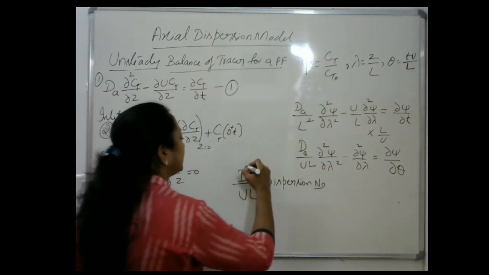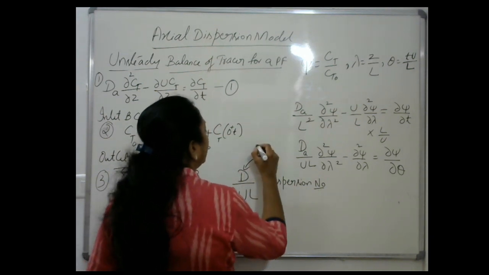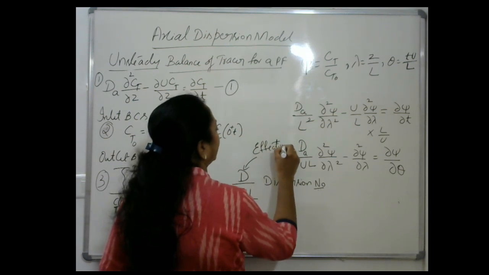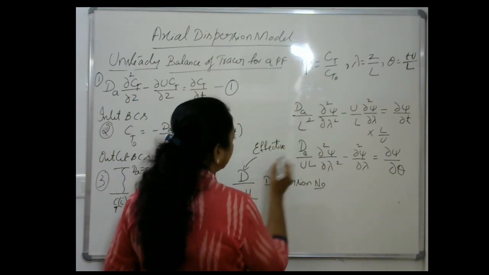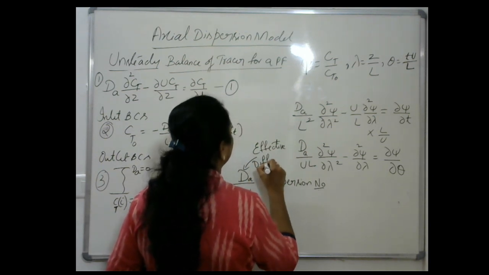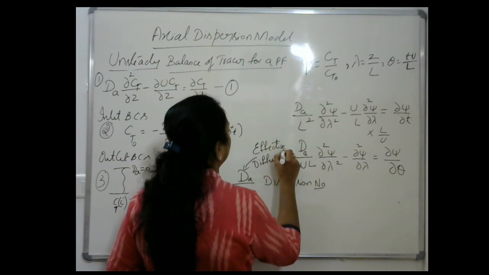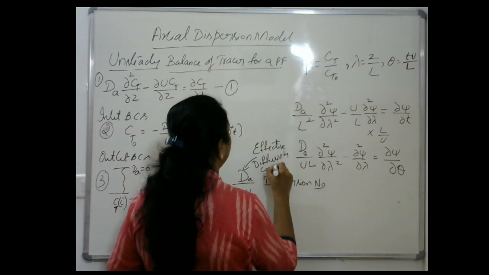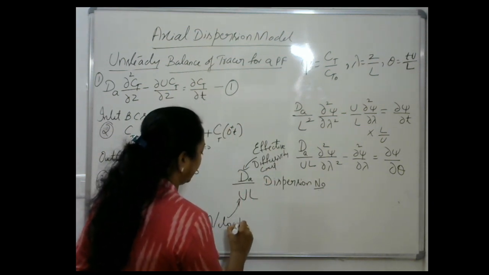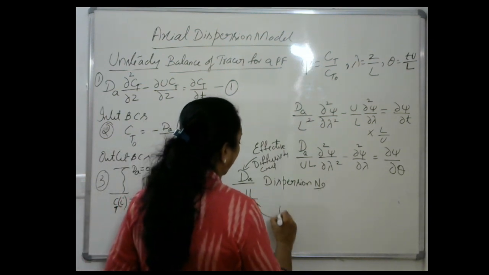And what are these terms? D is the effective diffusivity coefficient, dA I have used here, right? U is velocity, and L is the length of the reactor.